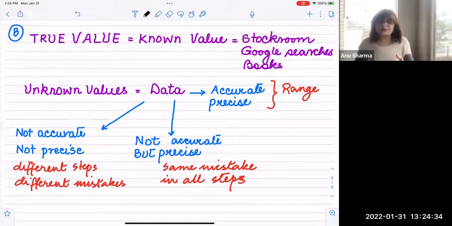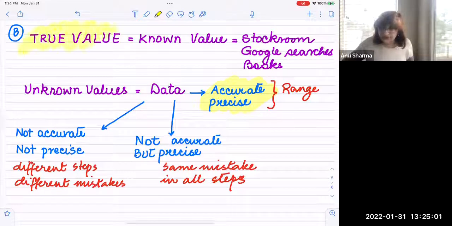Now you repeat the experiment. If you get the exact same number, with a little variation here and there but within a reasonable range, and you repeat it again in the third trial, and these values match the true value, that means your data is accurate and your data is precise. It falls in the range of the true value.